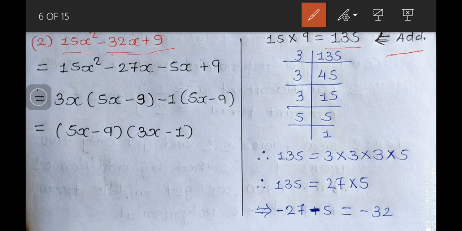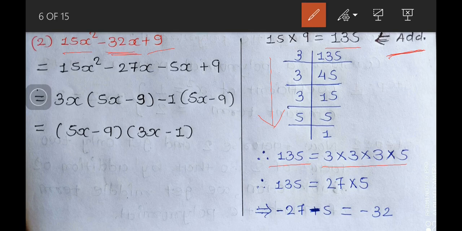Now first we take the LCM of 135 as you have studied. After taking the LCM of 135 we get the factorization as 3 into 3 into 3 into 5. Now we reduce it to only two factors, so that we can add both and find the middle term of the polynomial.